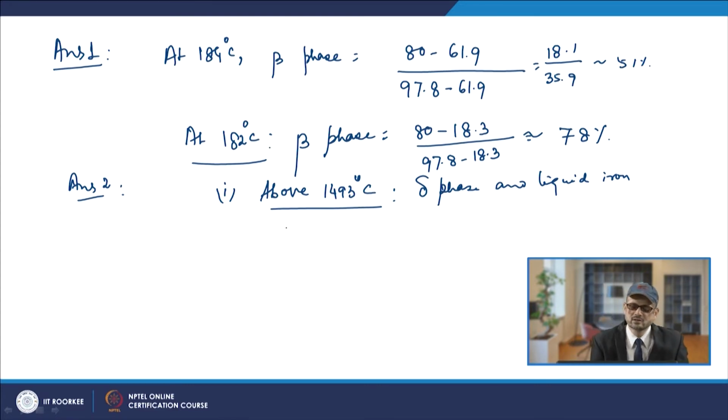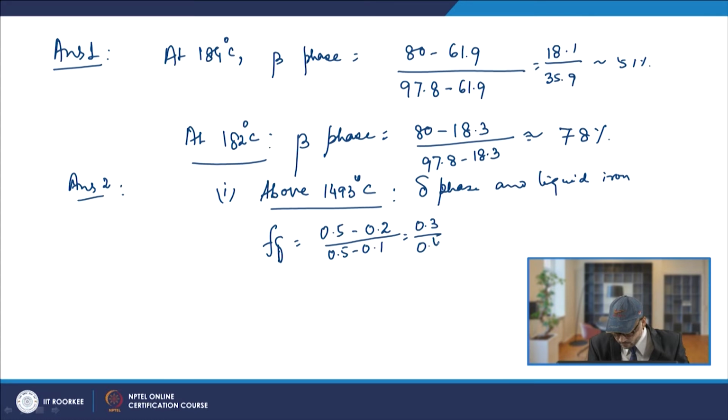So, the fraction of delta phase: you will have 0.5 towards the rightmost point, and we are talking about 0.2%, and ultimately it is going towards 0.1% towards the extreme left. So, it will be 0.5 minus 0.1. So, it will be 0.3 divided by 0.4. So, it is 75%.